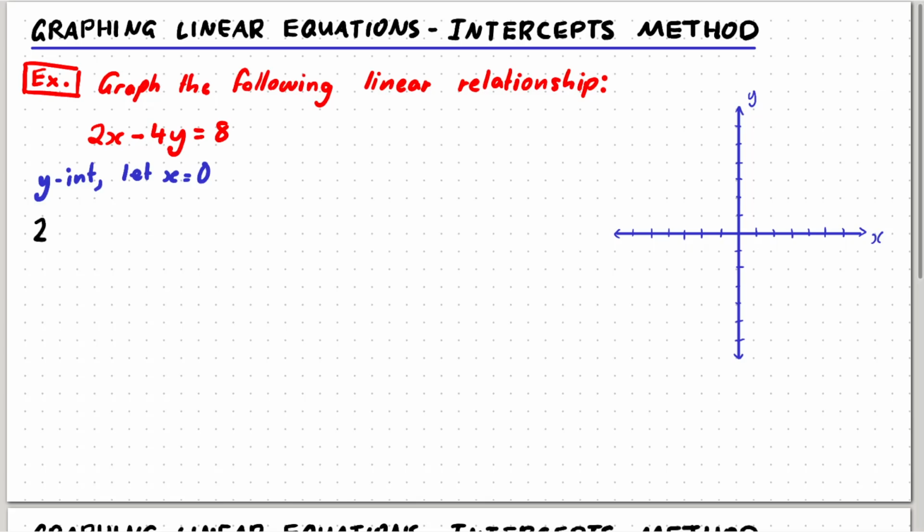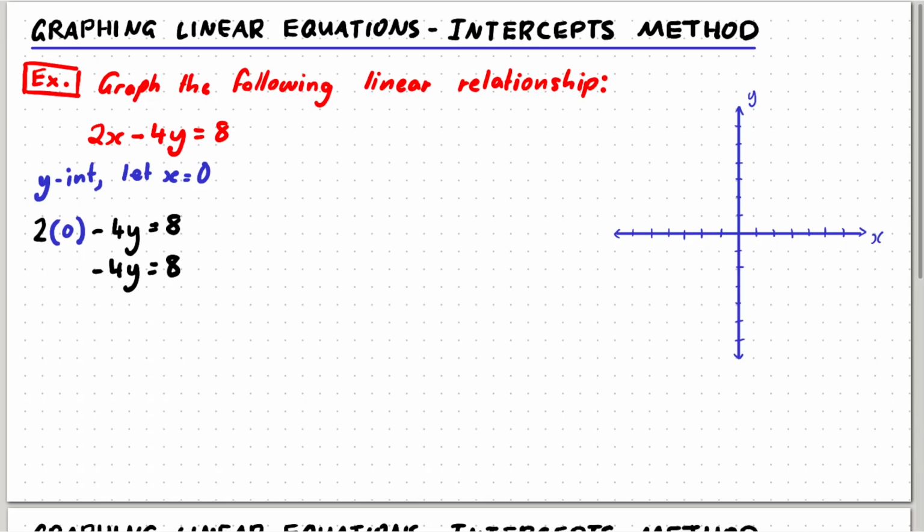So I have 2x, and instead of x, I'm going to write my 0, and then it's minus 4y equals 8. Then I'm just going to solve for y. 2 times 0 is 0, so I have 0 minus 4y equals 8. Because it's 0 minus something, we don't need to write the 0.